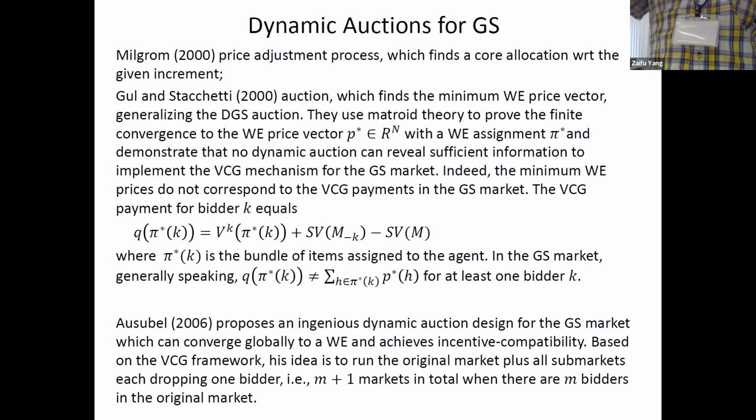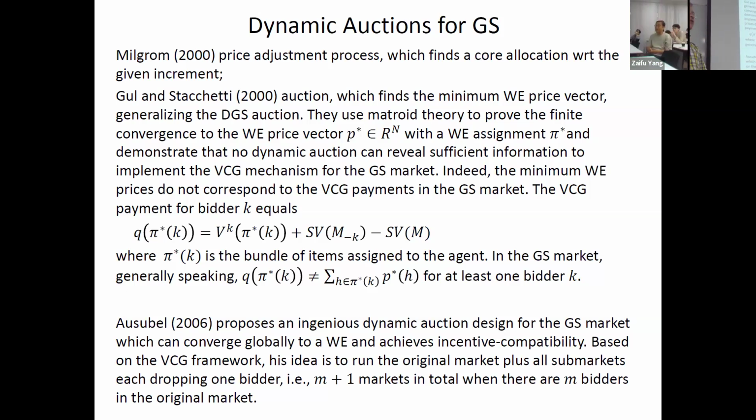If you have N buyers, you have to consider N+1 markets, right? And this is precisely what Ausubel very cleverly used. His idea is that you use a dynamic auction for all N+1 markets: the original market, and then every market where you delete one buyer.